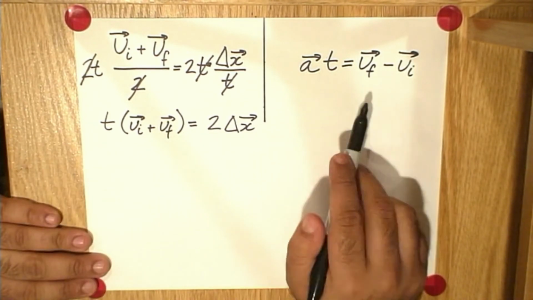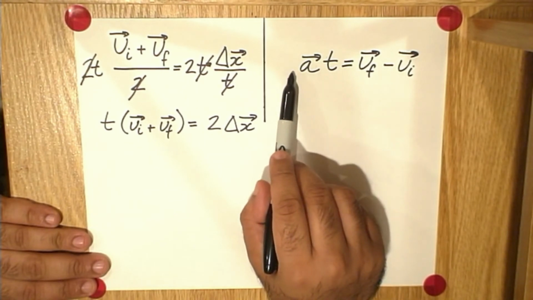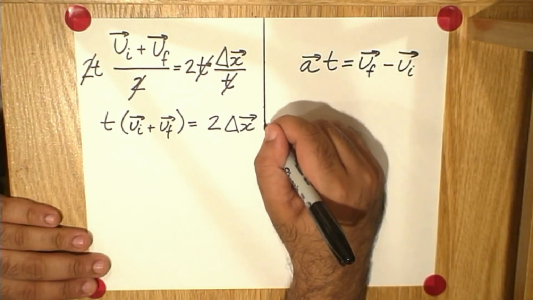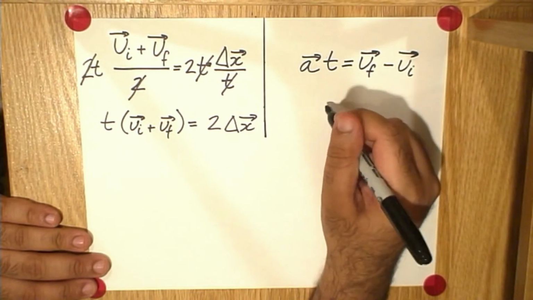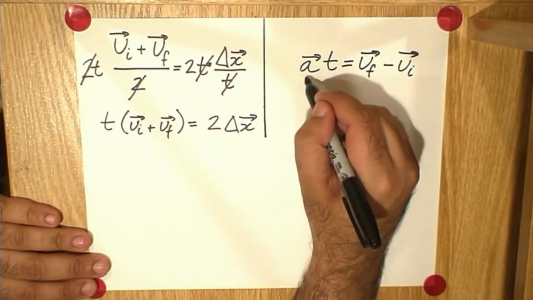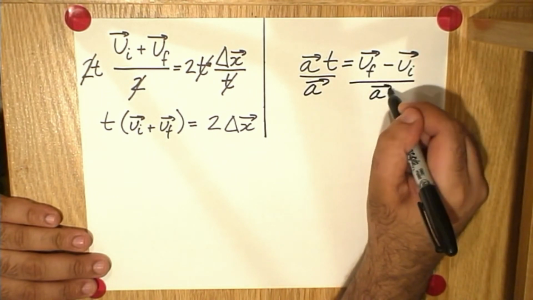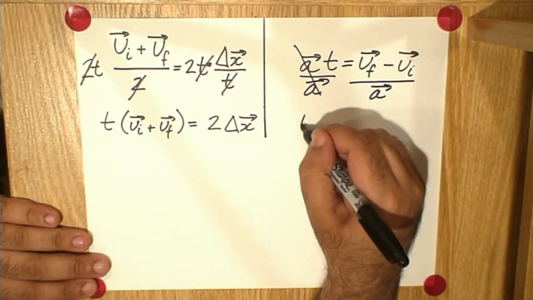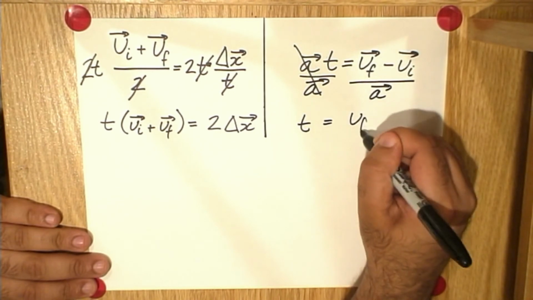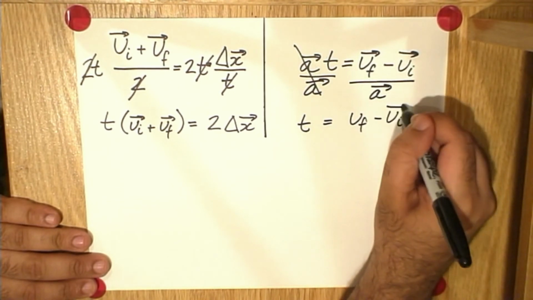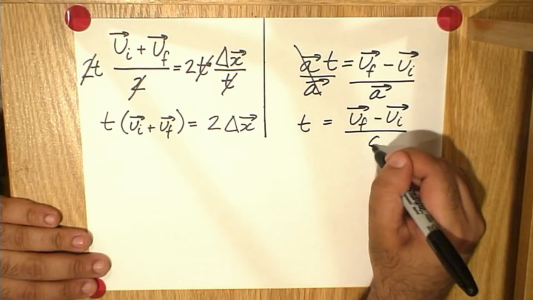Now, let's take the first toolbox equation and isolate the time over here. I can do that by dividing both sides by acceleration. Acceleration cancels out, and we have time is equal to final velocity minus initial velocity divided by acceleration.